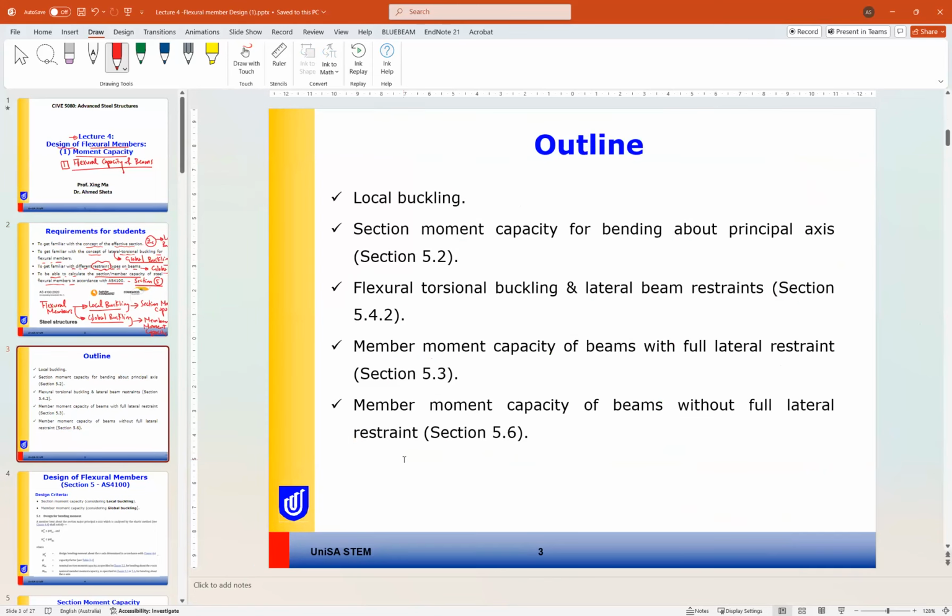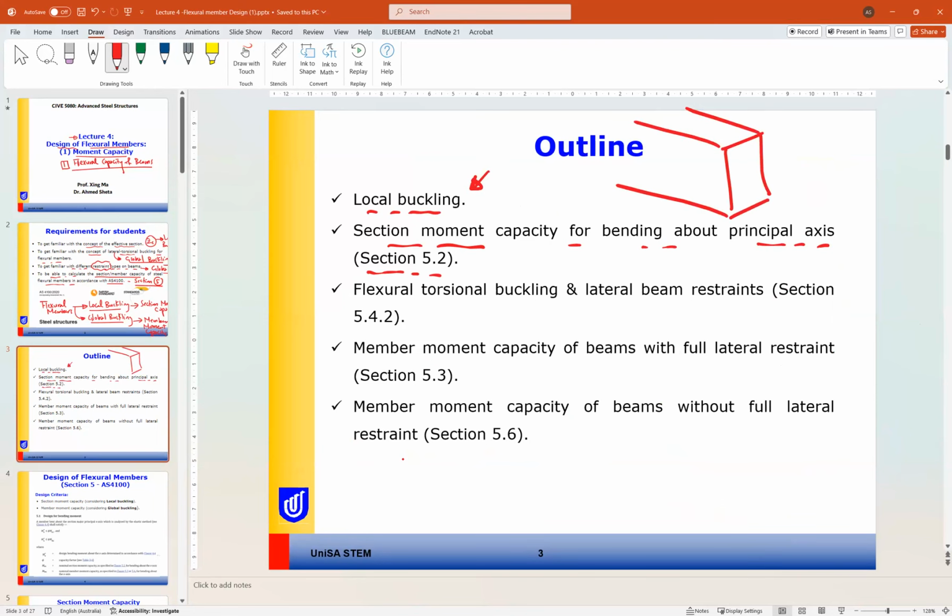So let's have a look at the outline for the lecture on flexure member design. The first part is the local buckling behavior, which affects the section moment capacity for bending about principal axis, which is covered by section 5.2 in the Australian standard. So if this is our cross section, we are studying the moment about the principal axis, or we are studying Mx.